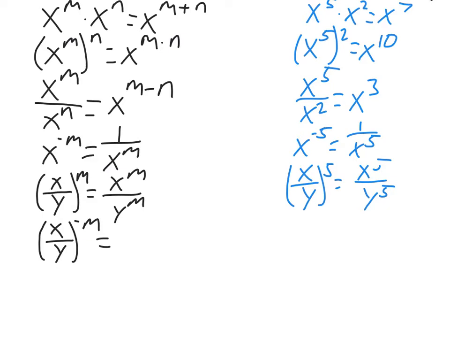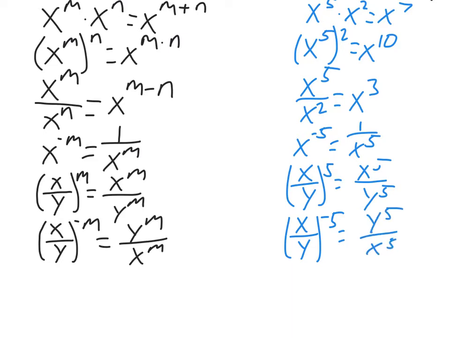So in this case, that would become y to the m over x to the m. We flipped it, x went to the bottom, y went to the top, and then we raised everything to the m. An example of this would be x over y all raised to the negative fifth would be y to the fifth over x to the fifth.